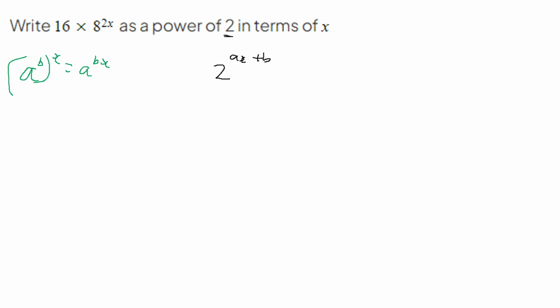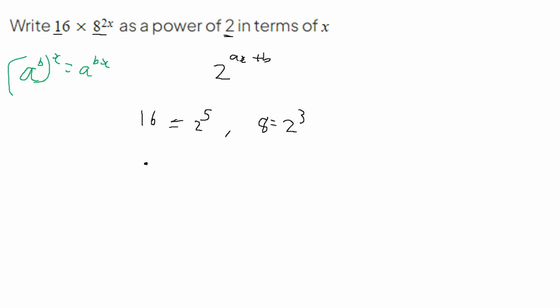Well, now what we need to do is just make these based on 2. So we know that 16 is equal to 2 to the power of 4, right? And 8 is equal to 2 cubed.